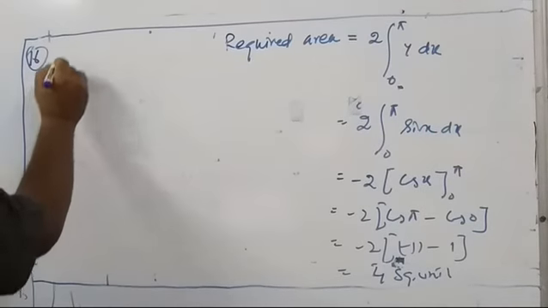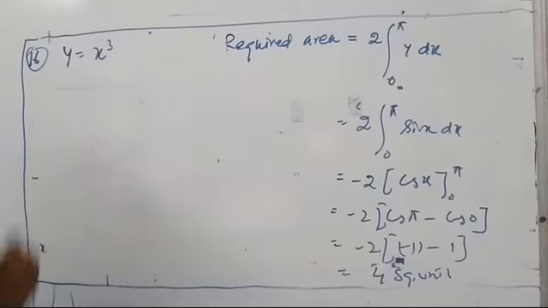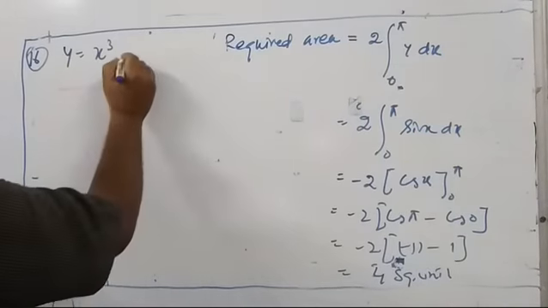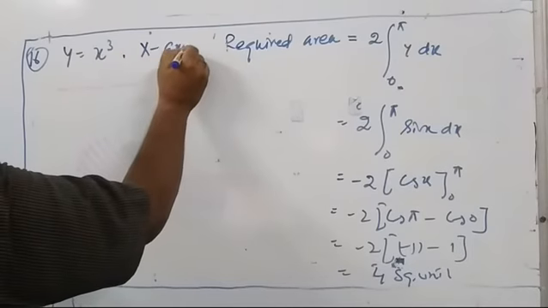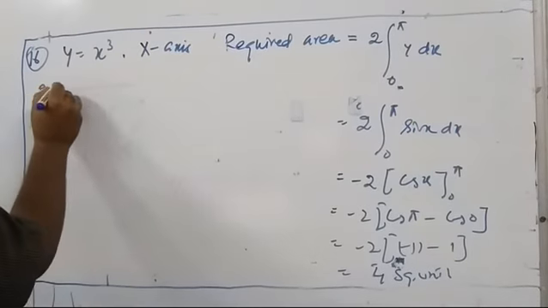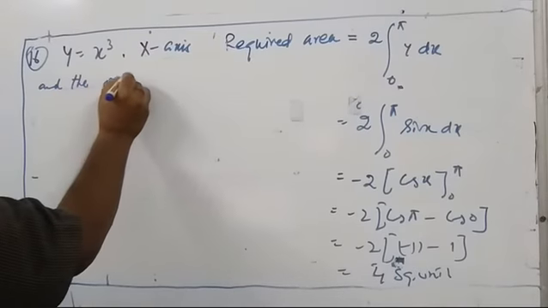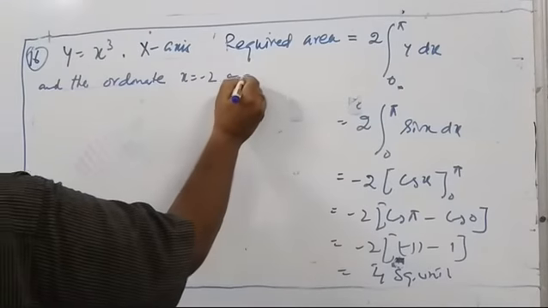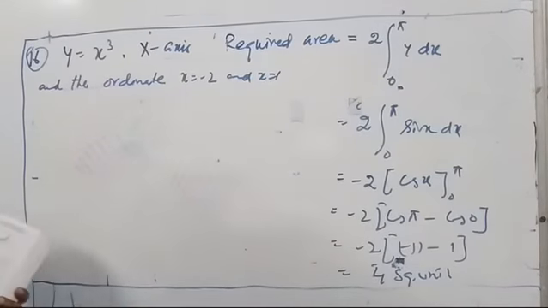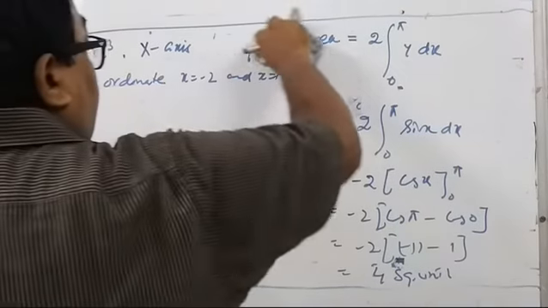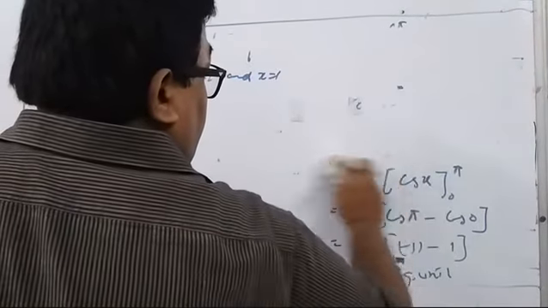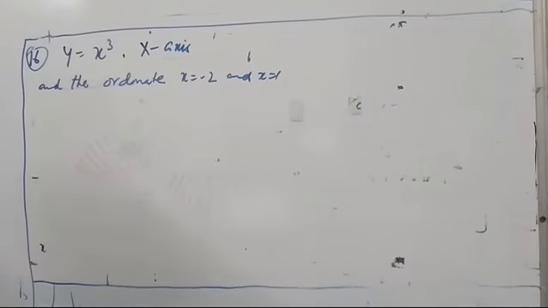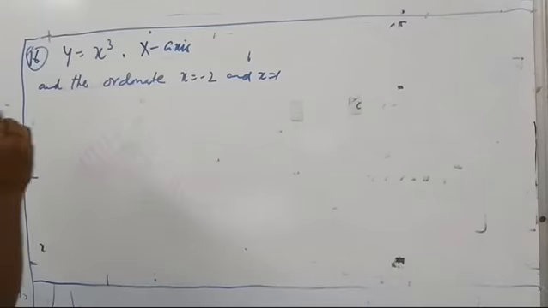Area bounded by the curve y is equal to x cube, the x-axis and the ordinates x equal to minus 2 and x equal to 1. We must know about the area of the curve.